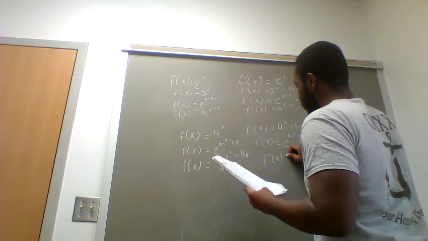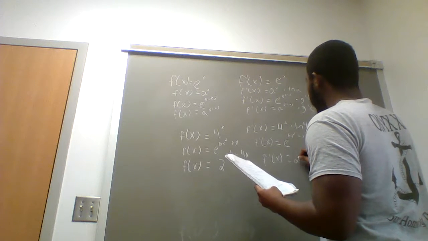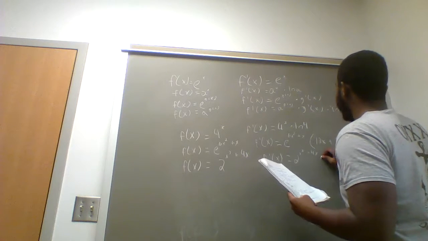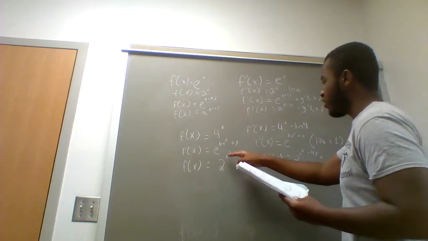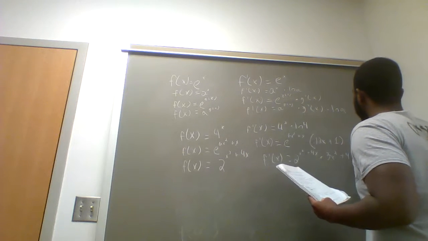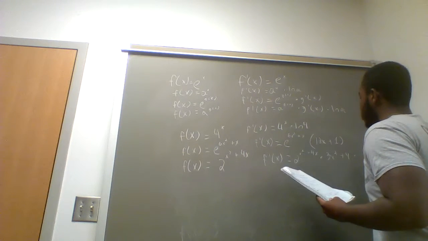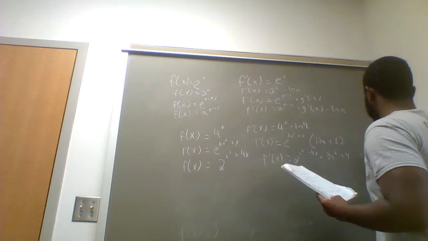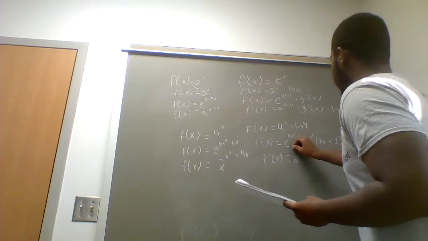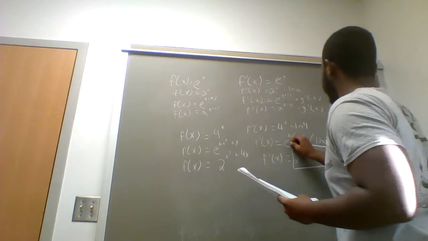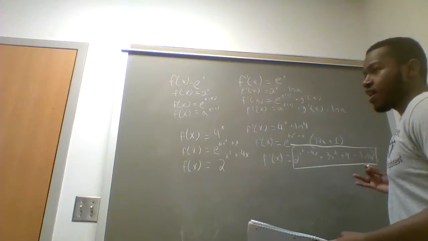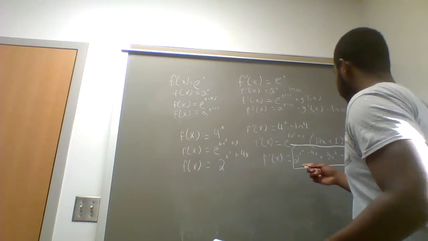F prime of x will equal 2 to the x cubed plus 4x multiplied by the derivative of this, which is 3x squared plus 4, multiplied by the natural log of a, being 2. This is your answer. Now, of course, you can simplify it, but you don't have to, and this can be your final answer.